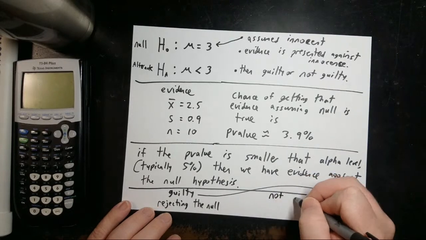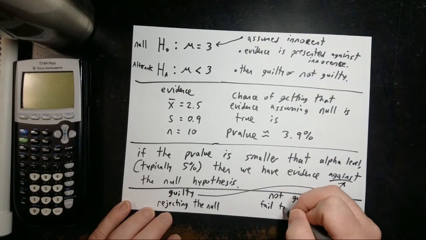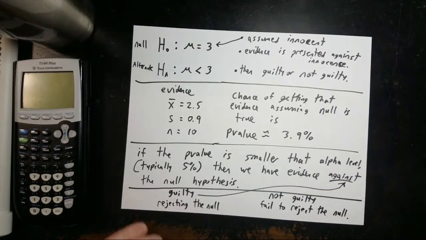Whereas, if you presume not guilty, then you fail to reject the null. That would be not guilty. That would be, we don't have enough evidence to show that the null hypothesis is wrong.